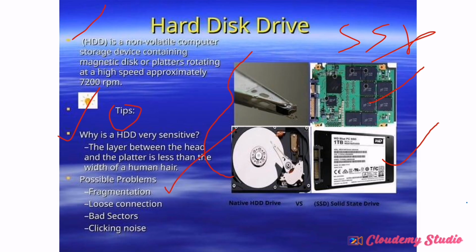Number two, it will have a loose connection. Number three, bad sectors. Number four, you're going to have a cracking sound. So these are the most common problems you can figure out as you are troubleshooting what could be the cause, especially if the hard drive is not working properly.